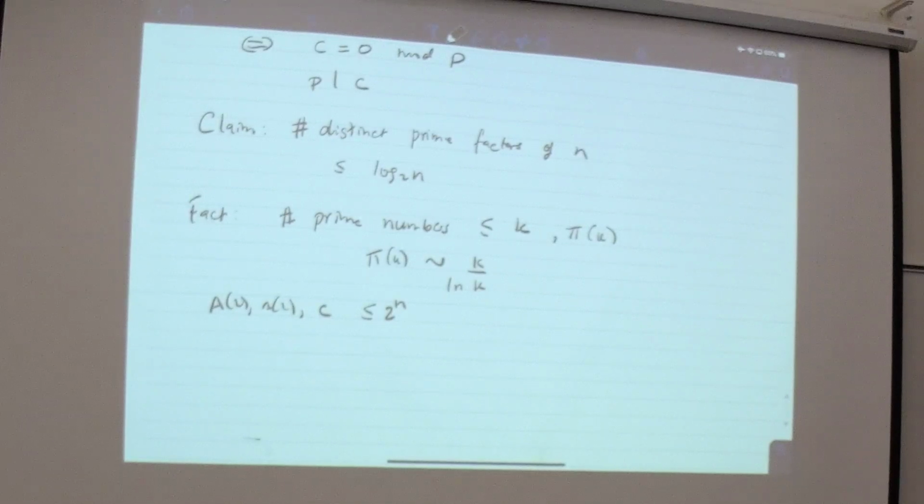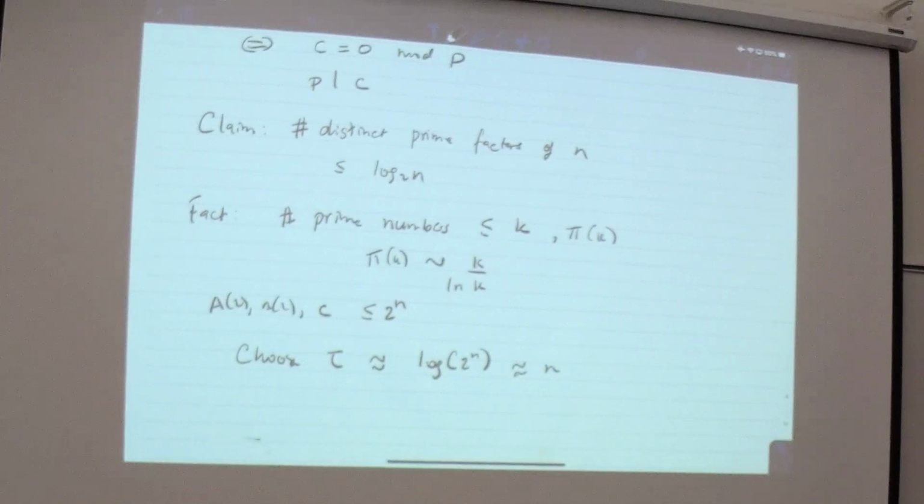Then what we're going to do is choose some threshold, which is roughly log of 2 to the n, which is roughly n. When I say roughly, I mean somewhere above that, but not too much above that, maybe between n and 2n.